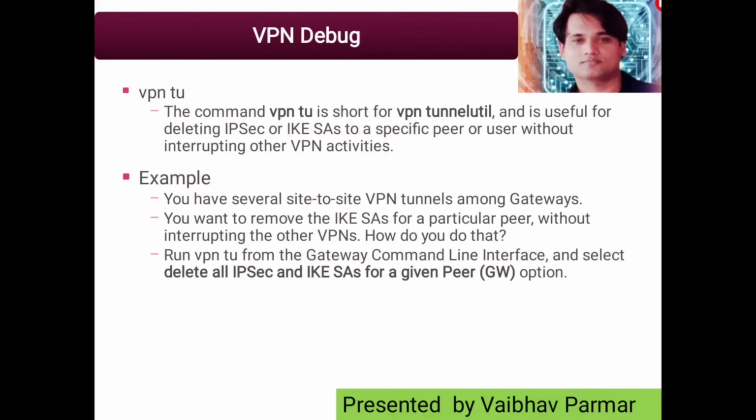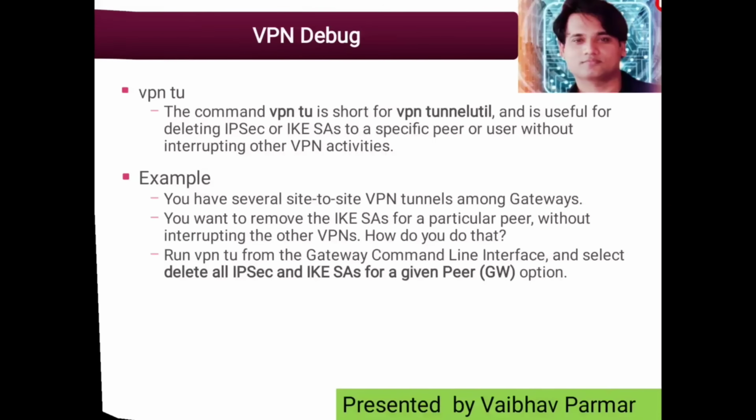You want to remove the IKE SA for a particular peer without interrupting the other VPNs. How can you do that? This is the command vpn tu. Run the vpn tu command from the gateway command line interface and select the option to delete all IPsec and IKE SAs for a given peer, and you can delete from there.